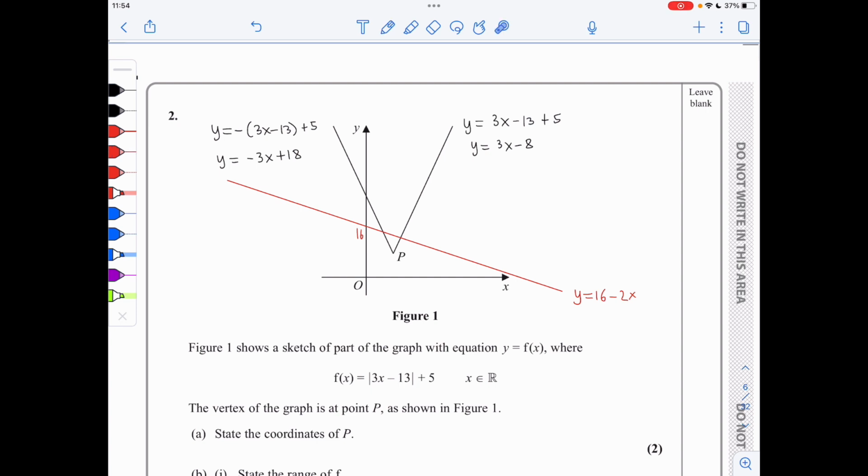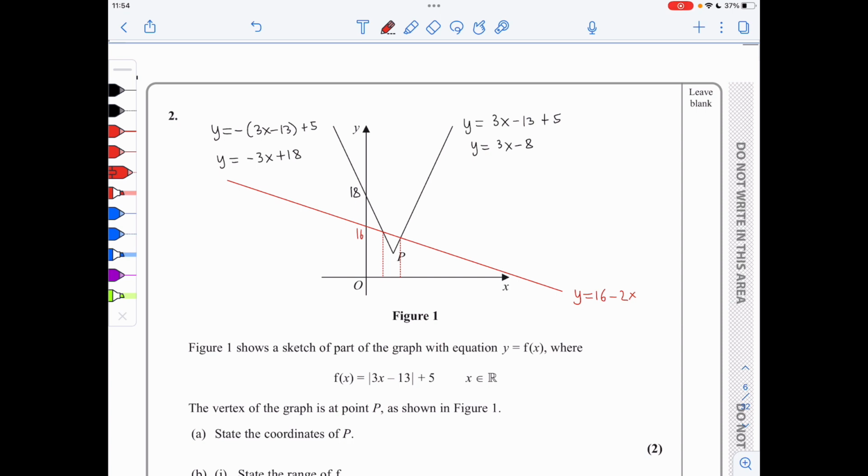It's easy to see that this cut here of the original graph is at 18, so the 16 is below that, and we need to find the range of values of x for which the straight line is above the V-shaped graph. So I need to find the 2 points of intersection here, and I need to choose the in-between region.